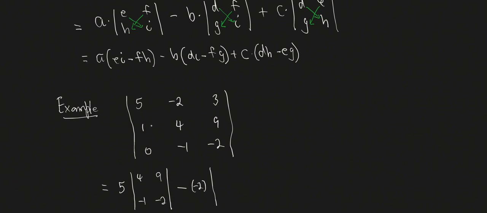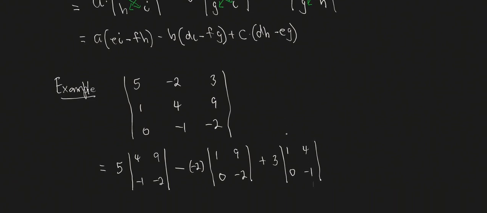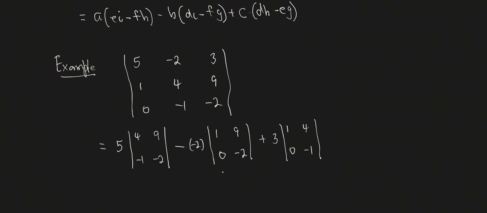That leaves the submatrix 1, 9, that's its first row, and then 0, -2. And then to complete the expansion, you have to go across the entire row and then do +3 times. Now remove the third column, again first row, and we're left with 1, 4, 0, -1. All right, so that's the expansion.